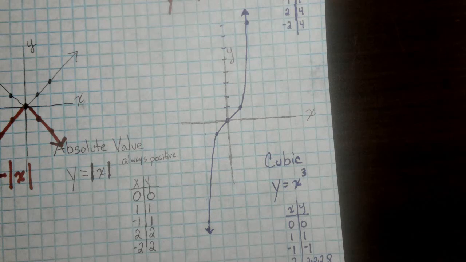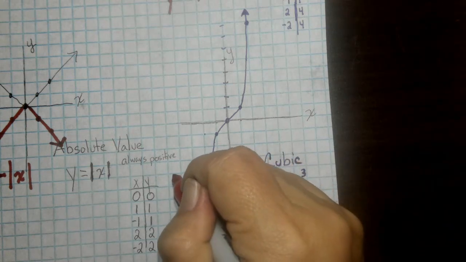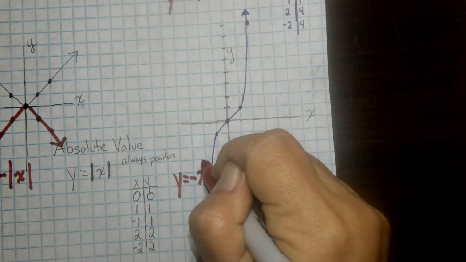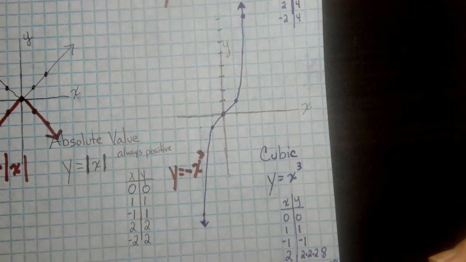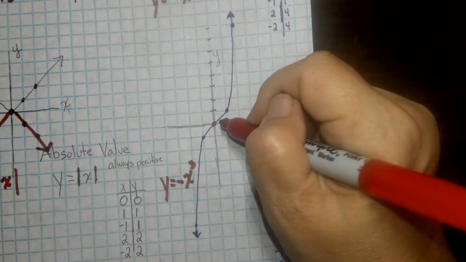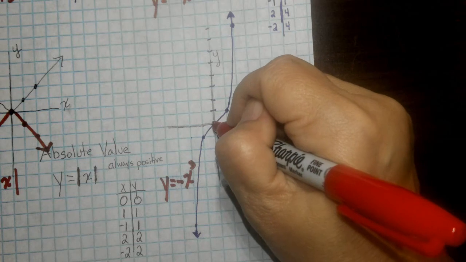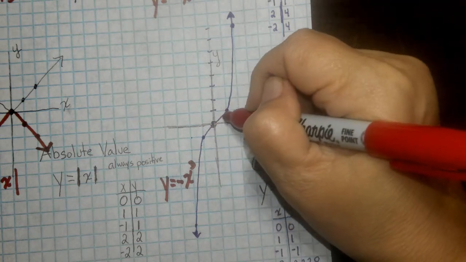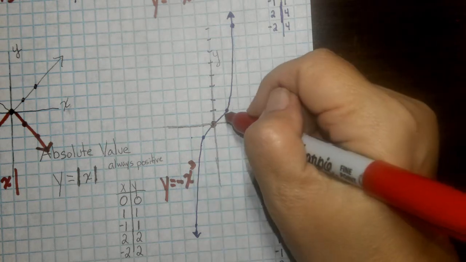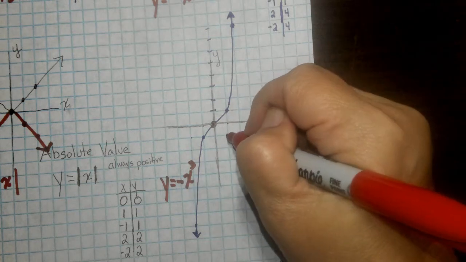Well, what if I have y equals negative x cubed? If I have that, it's still going to go through (0, 0). But these answers that are positive, they're going to be times by negative, and now they're going to go down on the negatives.